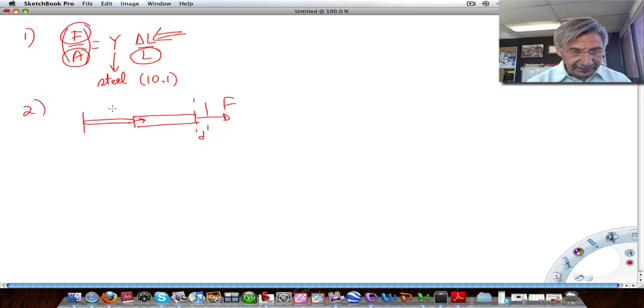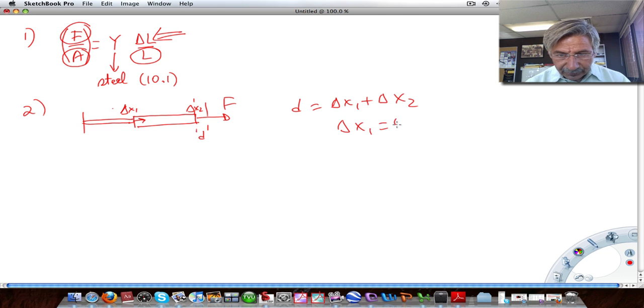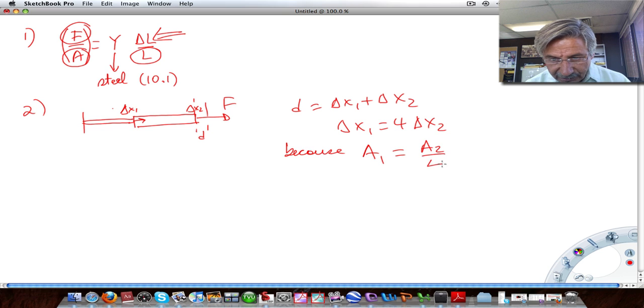So if this one extends delta x1 and this one extends delta x2, and D is the sum of these, delta x1 is 4 times delta x2, because A1 is half of area 2.